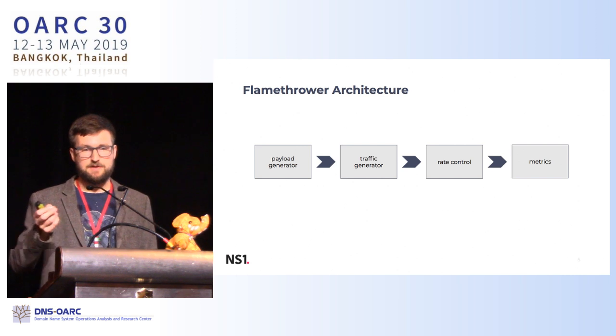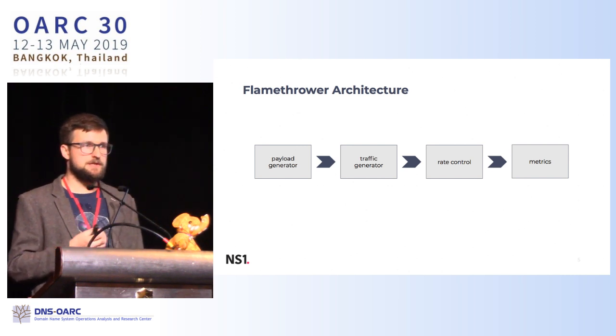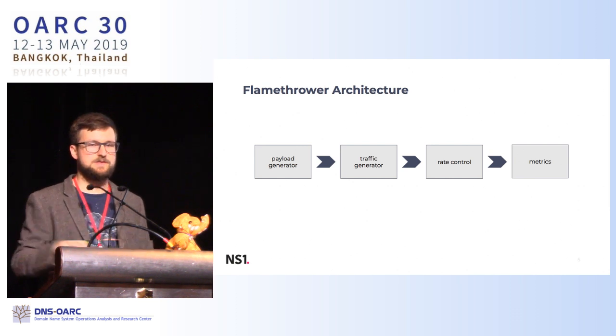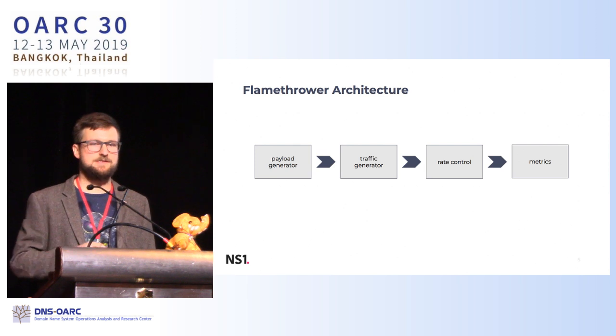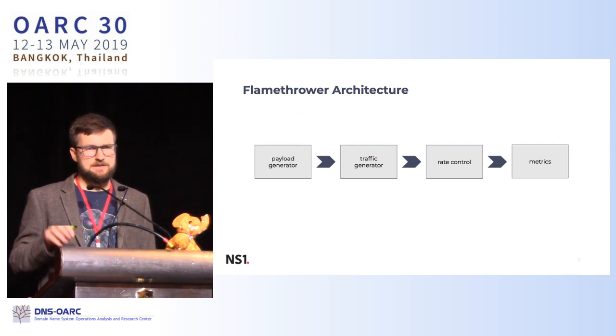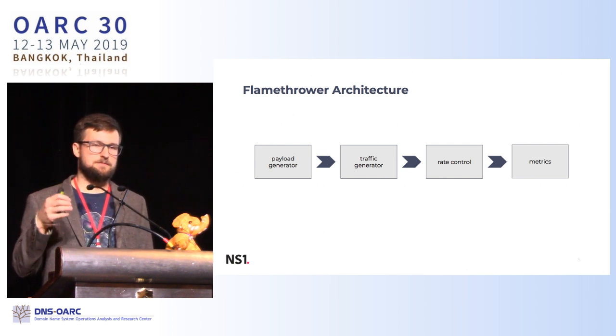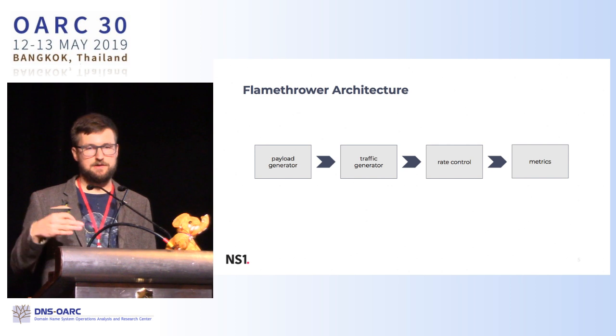The next one is the traffic generator, a component that is responsible for either creating UDP sockets and sending the generated payloads, or setting up TCP sessions or TLS sessions and keeping the sessions alive. The traffic generator is also parameterized, and it essentially sends the messages in bursts based on the configuration.